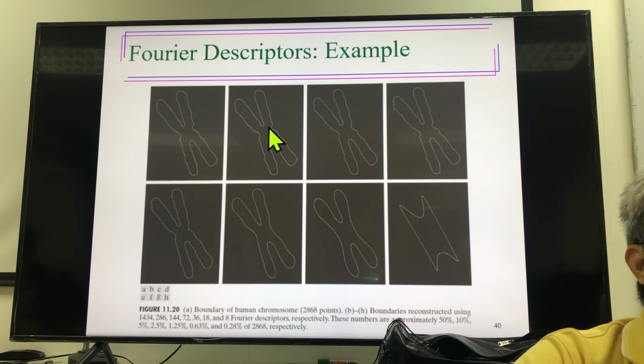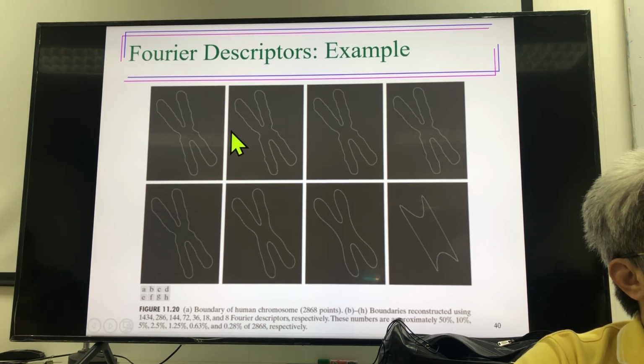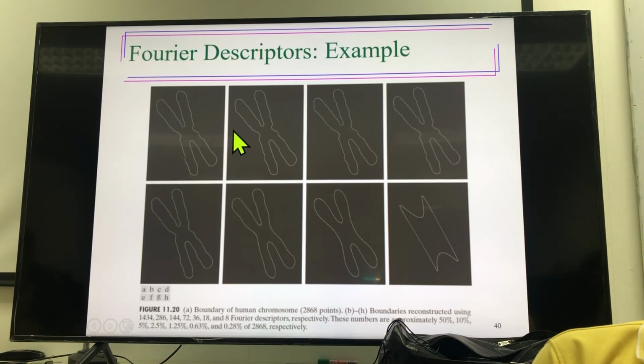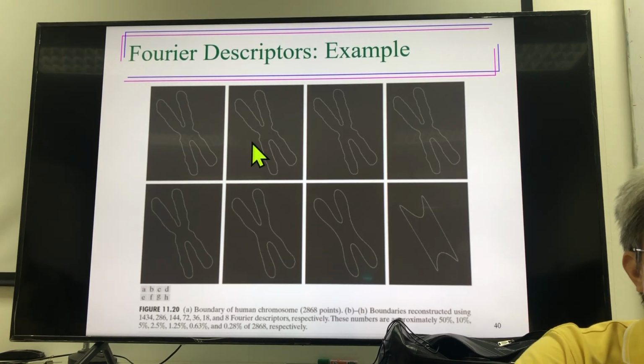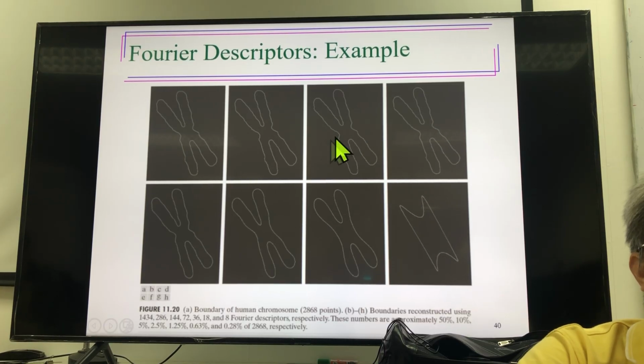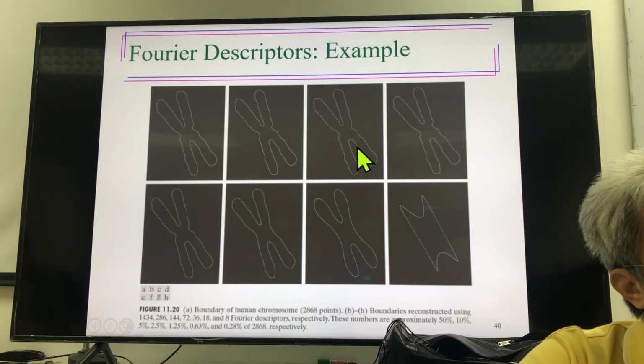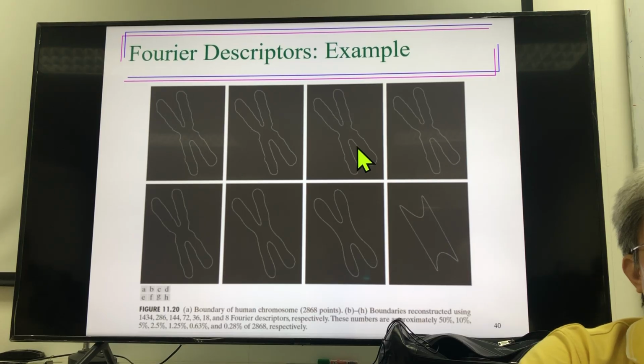You can see the shape doesn't change much, right? It gets rid of the high frequencies. So if you use the Fourier descriptor, it's a lot less information. Half of it does not contain the details, but you can still get the overall shape. And this one is 10% of the Fourier descriptor, and it still looks almost like the original.